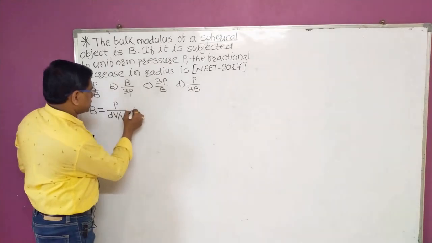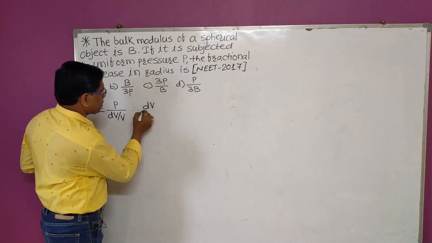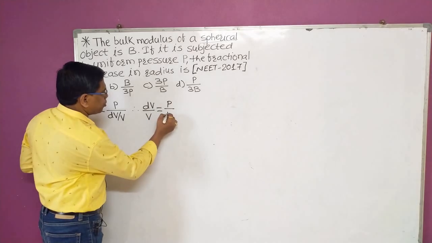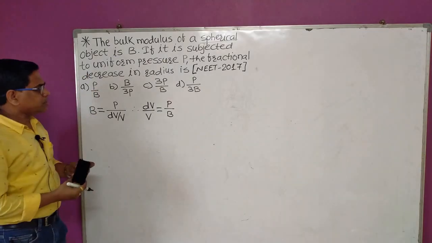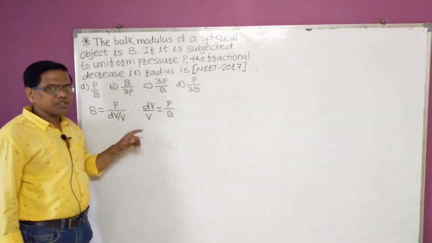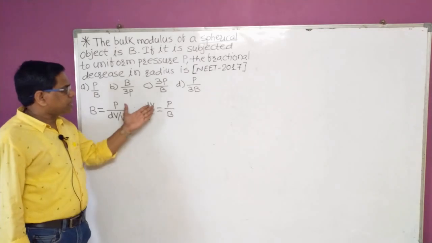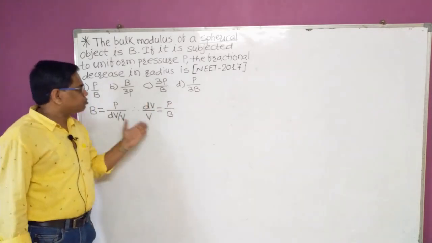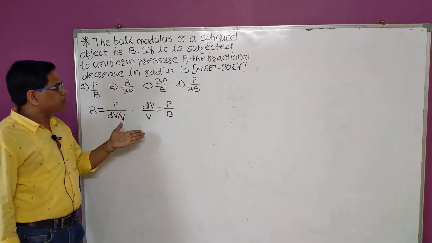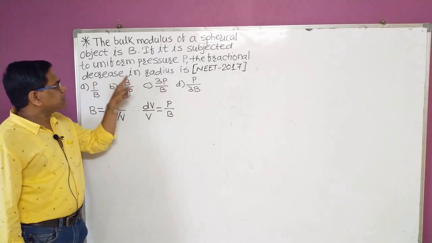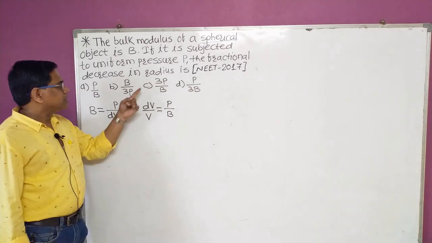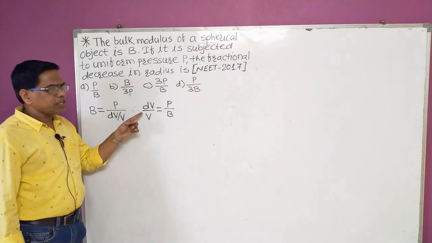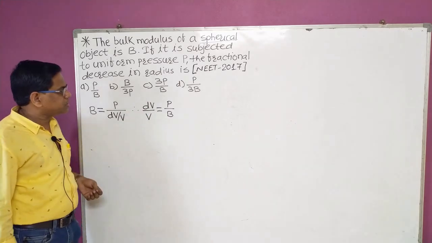So from that we can say that change in volume upon original volume is equal to P upon B. But this change in volume upon original volume is the fractional change in volume, and the answer P upon B is our option A. So by mistake we may write down A as our answer, but we have to keep in mind that the fractional decrease in volume is not asked; the fractional decrease in radius is asked. So we will convert this fractional decrease in volume into fractional decrease in radius.